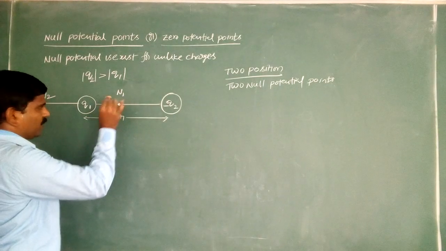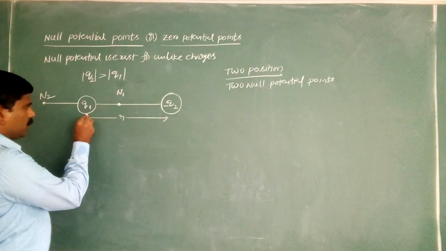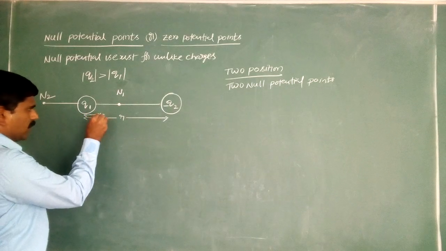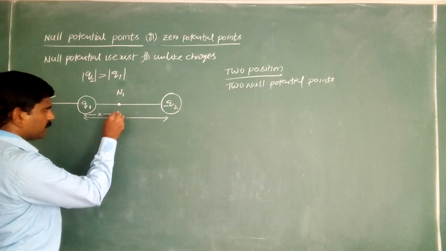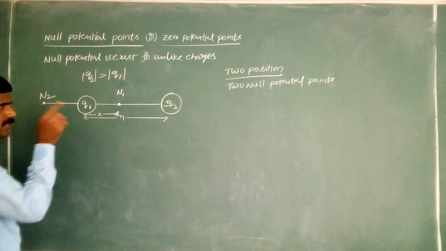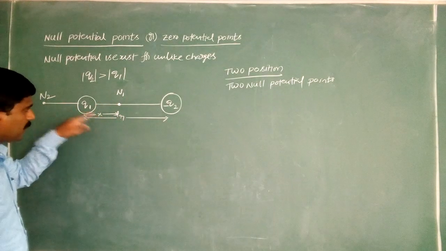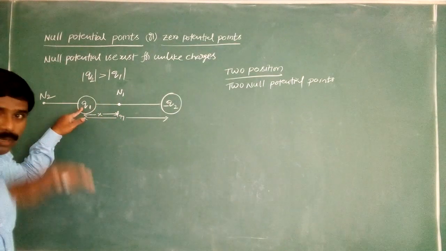First we find the position N1, which is at a distance of x meters from the first charge, the lower charge.